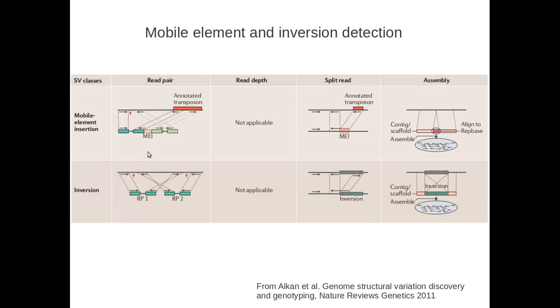As for these other read pair methods, as I mentioned briefly, the orientations of the reads can speak to the possibility of there being inversions or translocations or other complicated structural events. I won't try to explain these here because these are things that are probably best pondered by yourself, to convince yourself that the normal forward-reverse pairing can be disrupted if there's a change in the orientation in the sample genome relative to the reference genome.